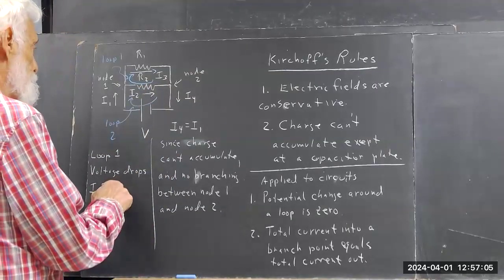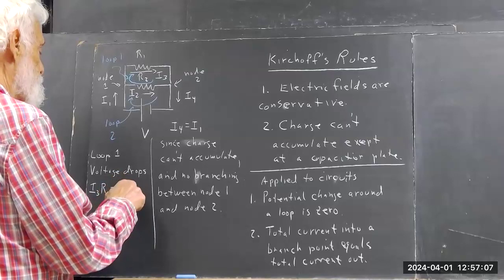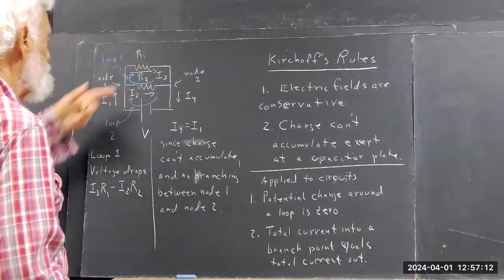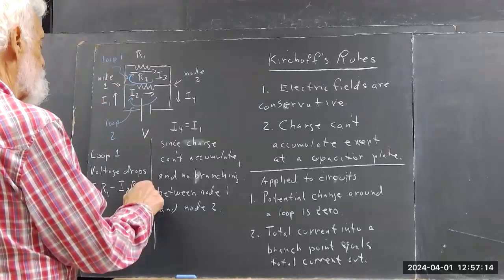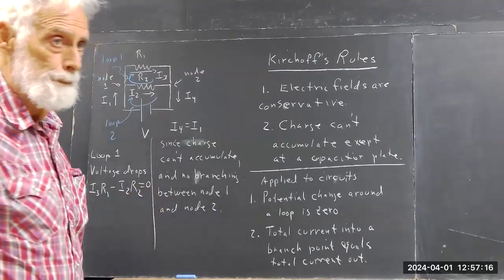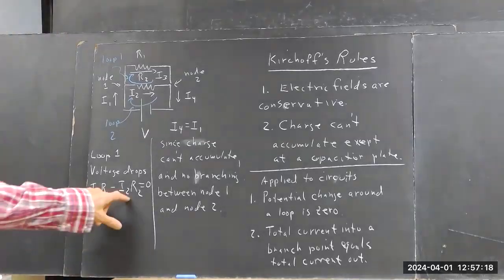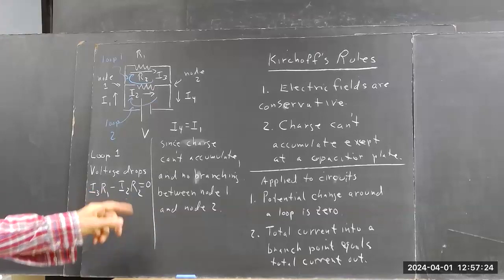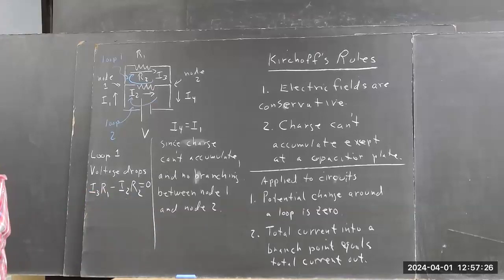So it's going to be minus I2R2. And that's all we have in this loop, and that's 0. Well, there's an equation. Assuming that the resistors are known, you now have an equation with 2 unknowns.